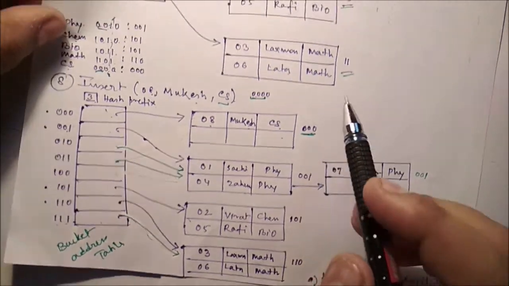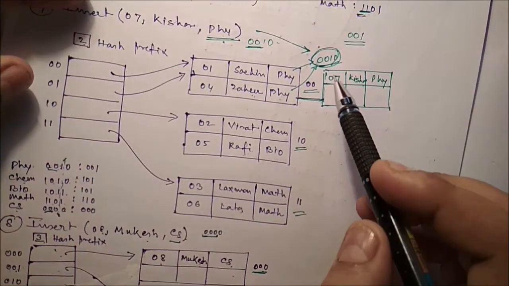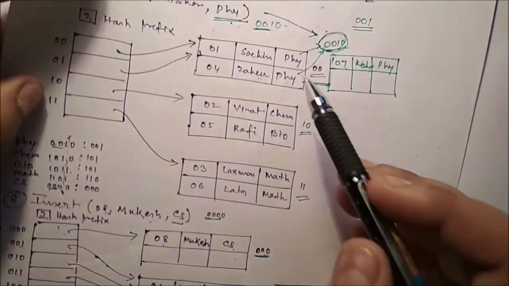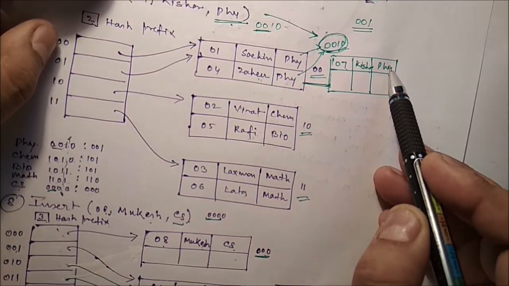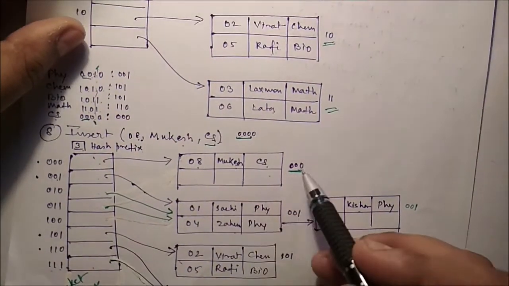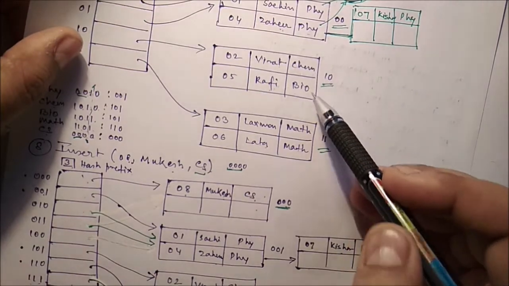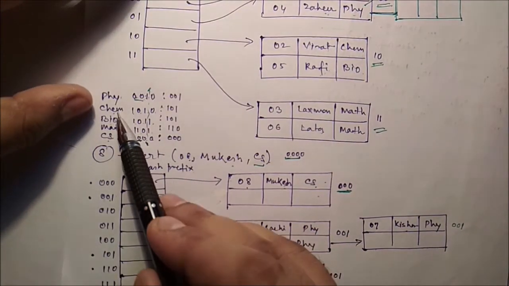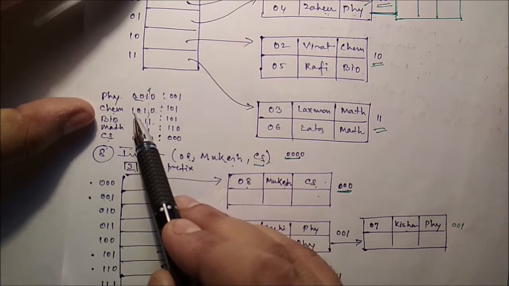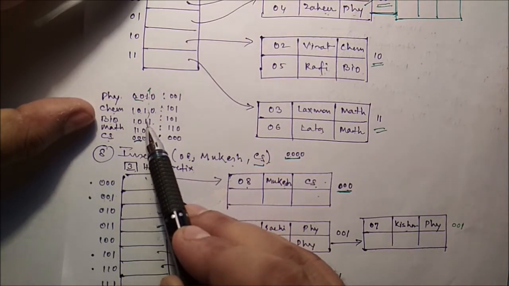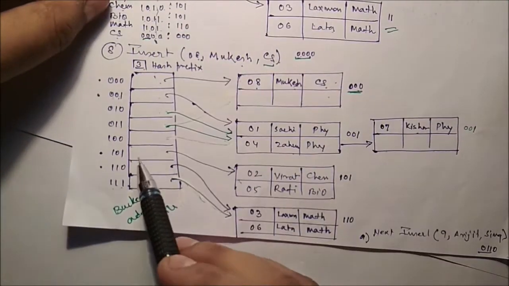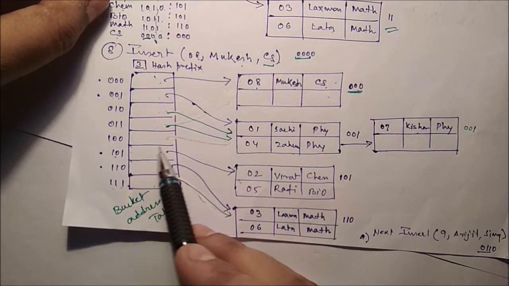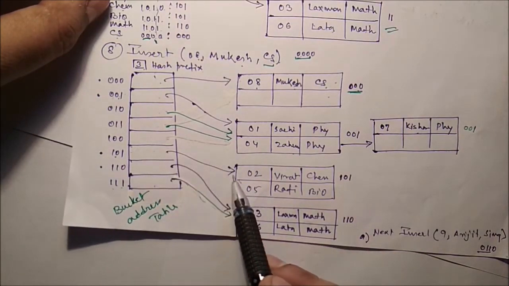Next, we have already entered physics, and we have entered the new data, computer science. The remaining are chemistry, biology, and mathematics. For chemistry and biology, you can see the initial 3 bits are 101 and 101. That means we connect 101 in this bucket address table to the bucket.